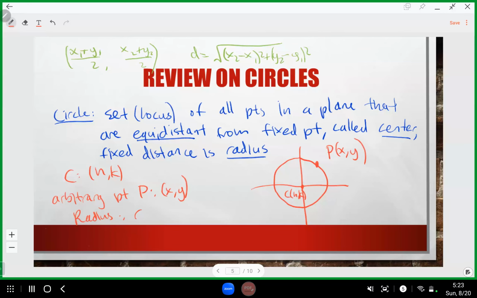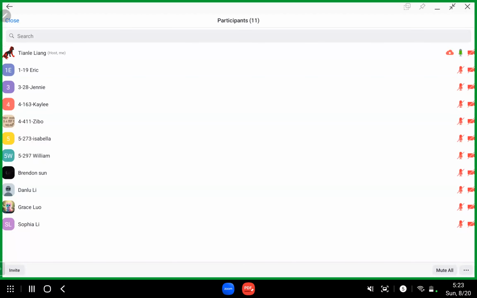Right? So I'm going to ask another volunteer. Who can prove the equation of a circle? Who knows how to find the equation of a circle? Who wants to volunteer to help me solve or find the equation of a circle?